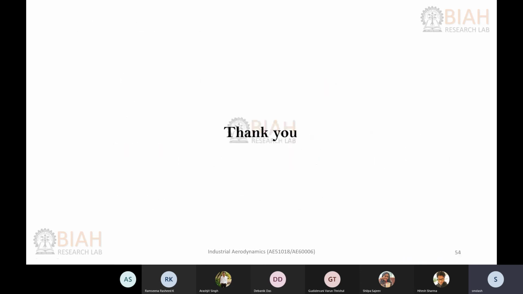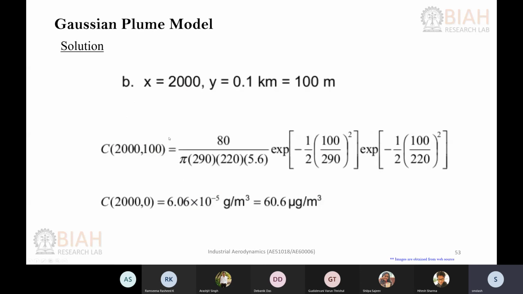The same information will be applicable for x and sigma; you just substitute the y value here, converted into meter. The remaining values will be the same because your x location is the same, and you can find the concentration.